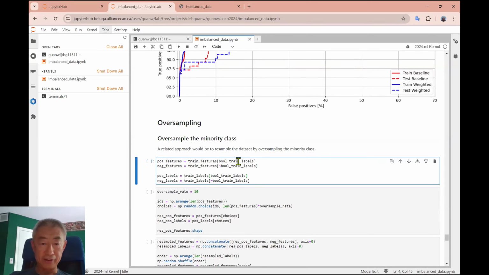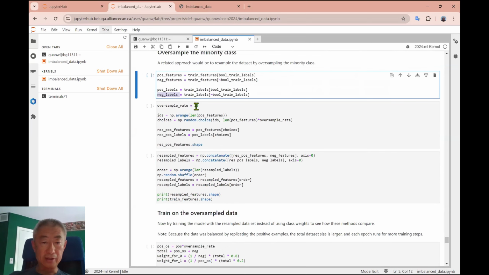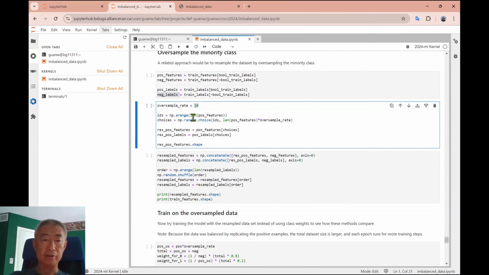What I did is first I separated the training samples into two classes: positive samples and negative samples, and their corresponding labels. And after that, I'm gonna increase the number of positive samples by 10-fold.